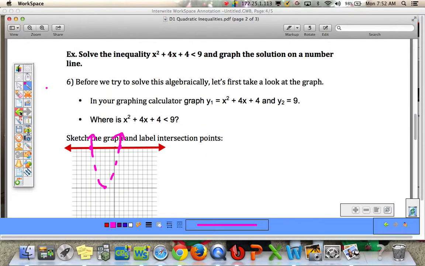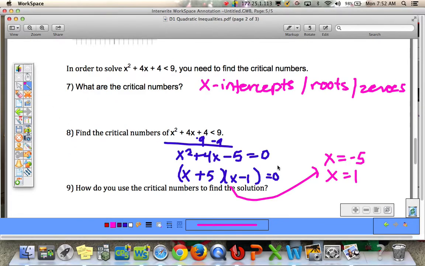How to use the critical numbers to find the solution? Well, if we take a look back at this right here, here was the negative 5, here was the 1. So the critical numbers are where your parabola meets the line. Actually, we just use it to find the points where it crosses.